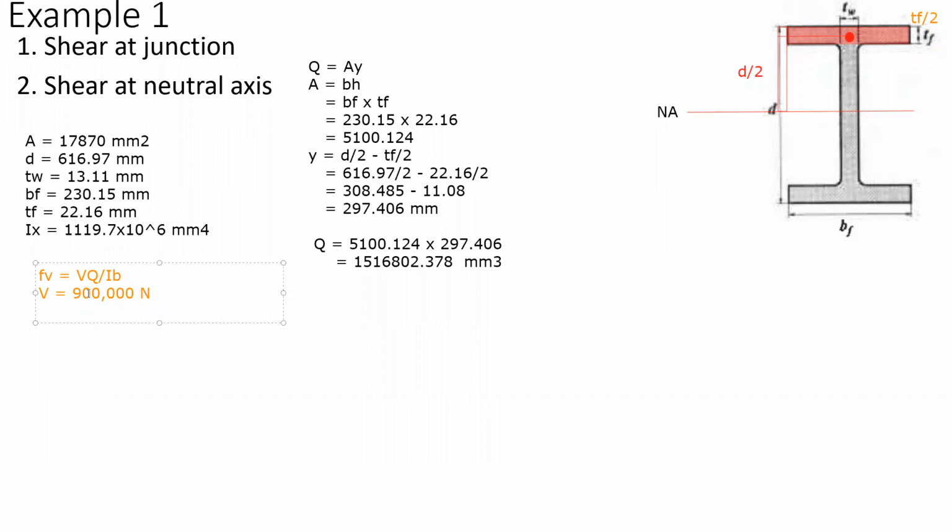And we have an I given, IX is equal to 1119.7 times 10 raised to 6. We have the value of Q. So first, let's check our first base, this big one, this base.